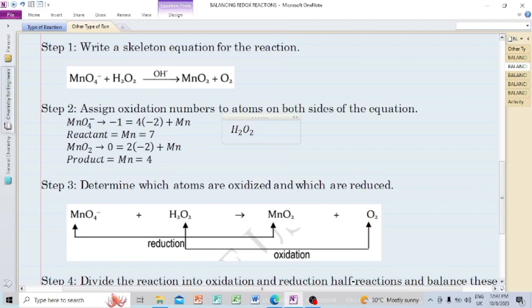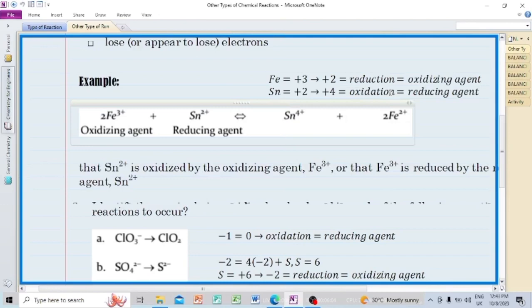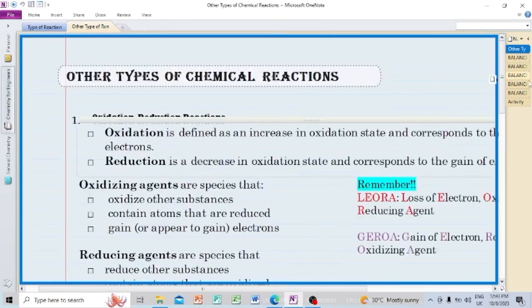Since this is a neutral compound, the sum of the oxidation numbers is equal to 0.